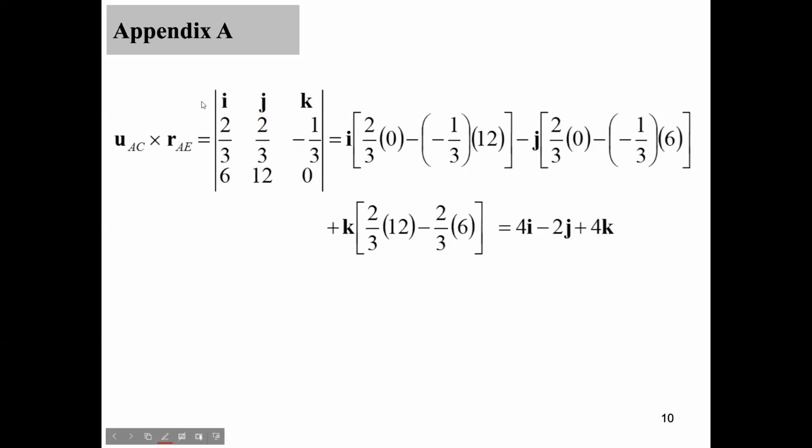Next, hide all elements in row 1 and in column 3 except element 1, 3. Then multiply K by 2/3 times 12 minus 2/3 times 6. The result will be 4i minus 2j plus 4k.